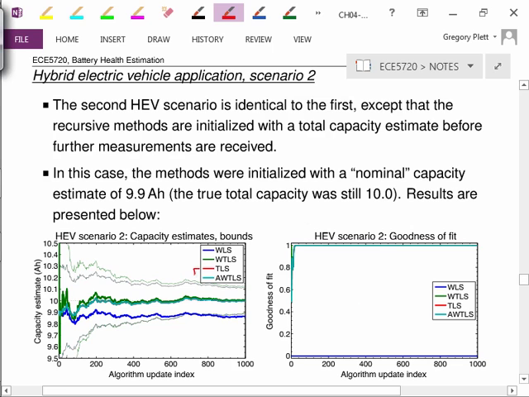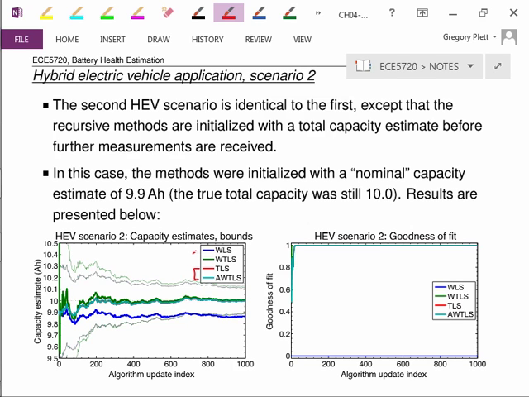But the other two methods, total least squares and the approximate weighted total least squares, both have the ability to initialize the C1, C2, C3, C4, C5, C6, those recursive parameters, to something similar to the nominal capacity. And that's what I do in scenario 2, whereas in scenario 1 we initialize them to 0 instead.